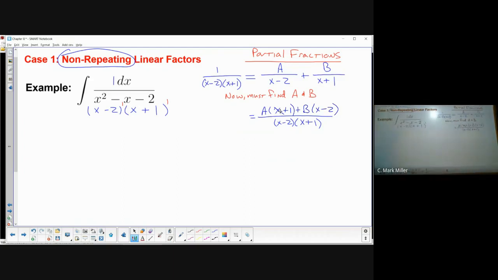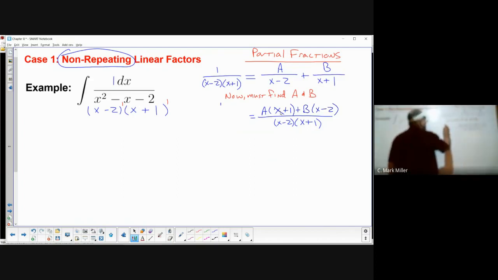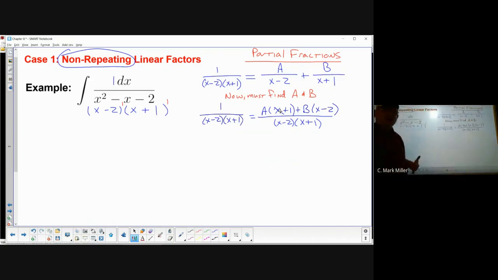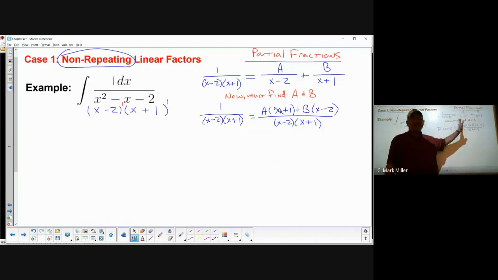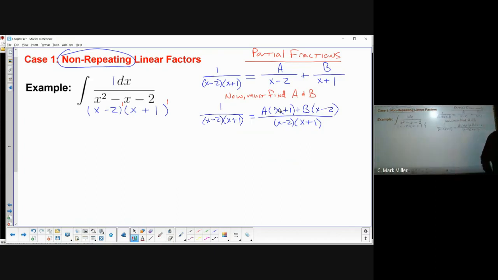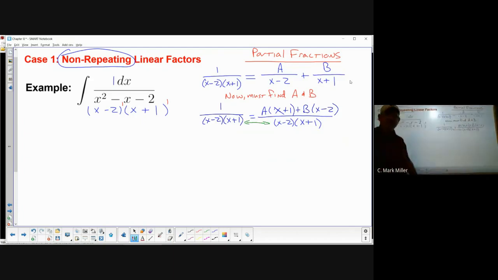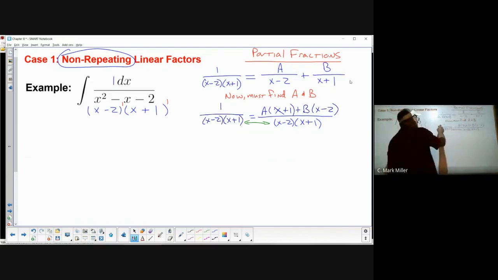All right? Now notice that equals what's on the left. And our theorem says numbers a and b exist so as to make this true. So now you notice that you have the same denominators. So if the denominators are the same, then so are the numerators.